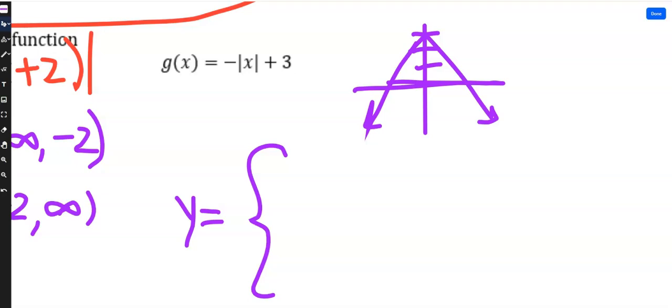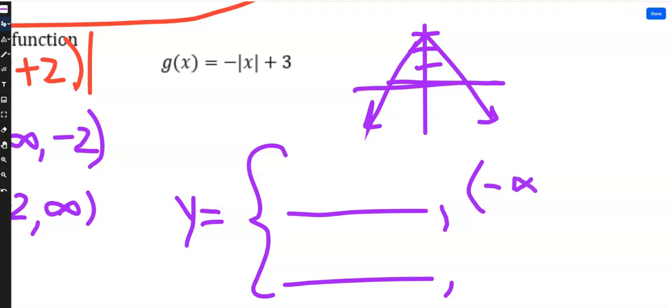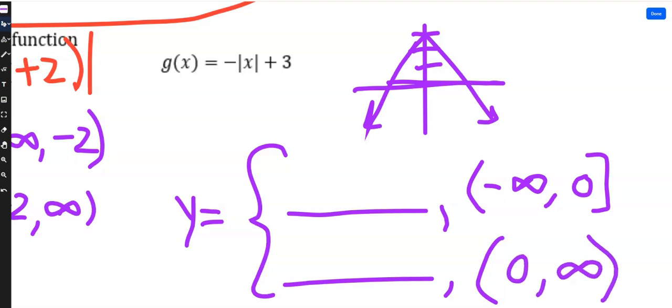We know we've got 2 parts to this graph, and it's breaking apart at 0. So we've got one side that goes from -infinity to 0, and you can put the bracket there, or you can put it on the next part. Doesn't matter to me which one it goes on.